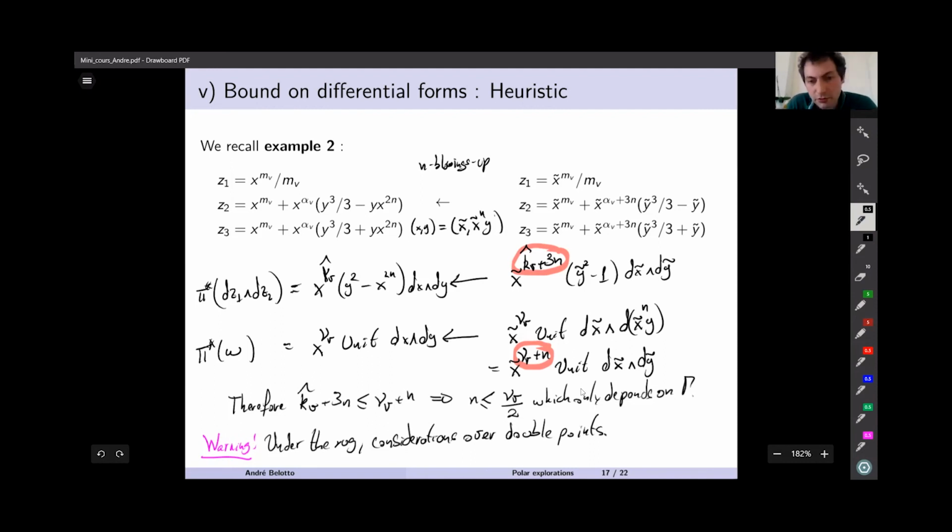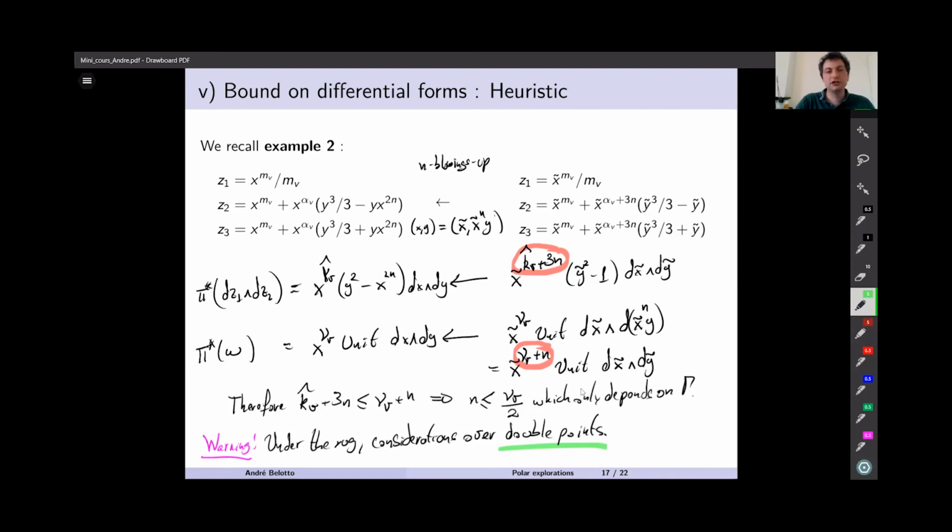So actually over double points, the way that the differential forms behave is a little bit different. It's not so simple to see that one's going to be smaller than the other. And if you read the paper, there's going to be a combinatorial part of the argument. It's exactly to treat the quantity. It's going to be an invariant that has actually 4 entries, and there's a part of it which is combinatorial. And it's exactly because of the consideration about the double points. So a little warning here.